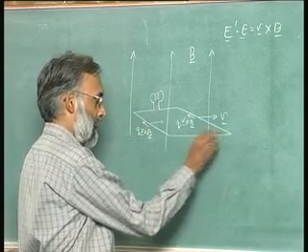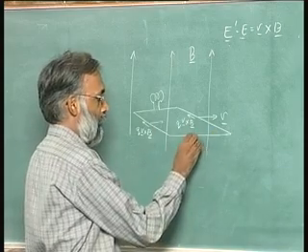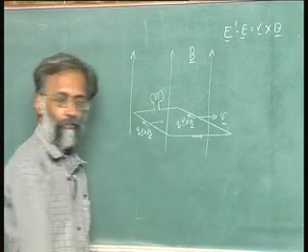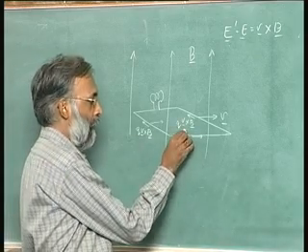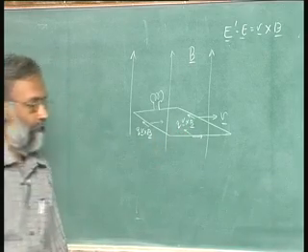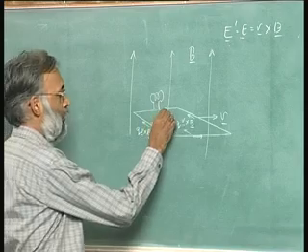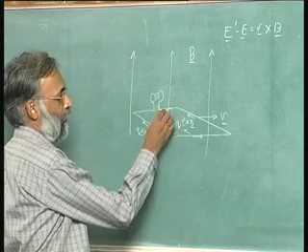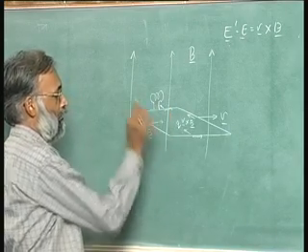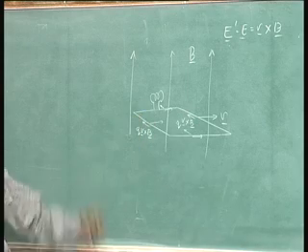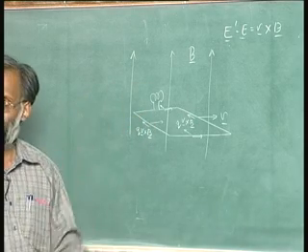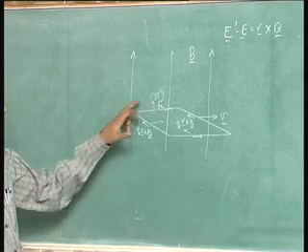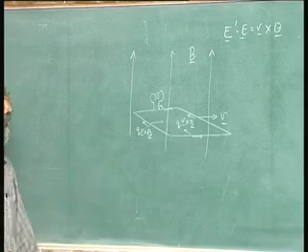This part of the circuit, the velocity is along the circuit, along the wire. So, V cross B is going to be in this direction. Similarly, velocity is along the wire, V cross B is going to be 90 degrees to the wire. Now, you consider the electrons in this circuit.